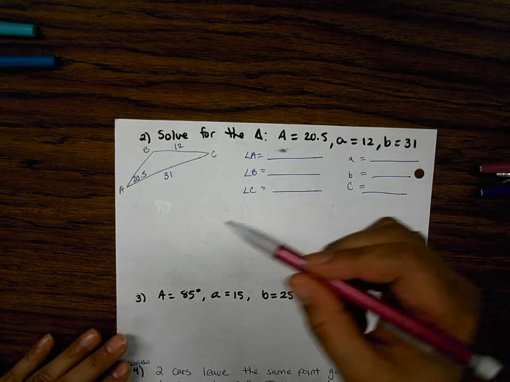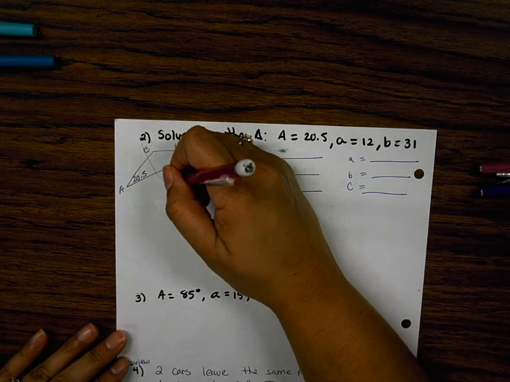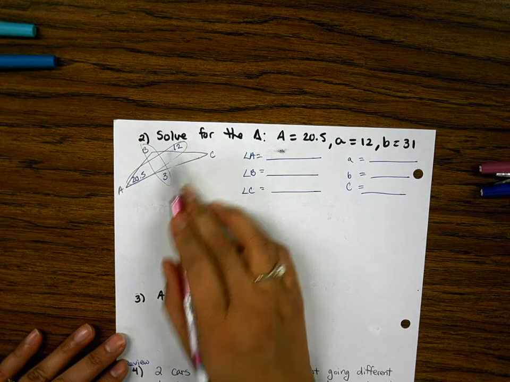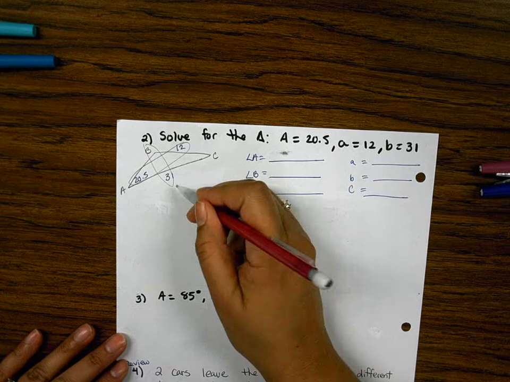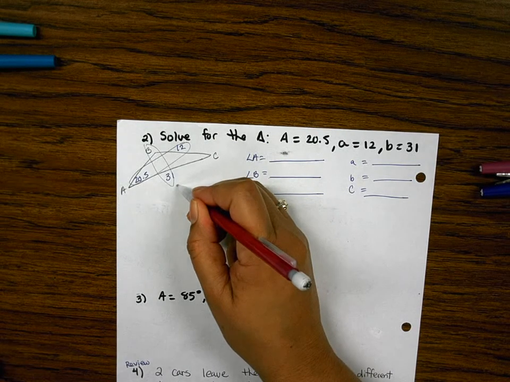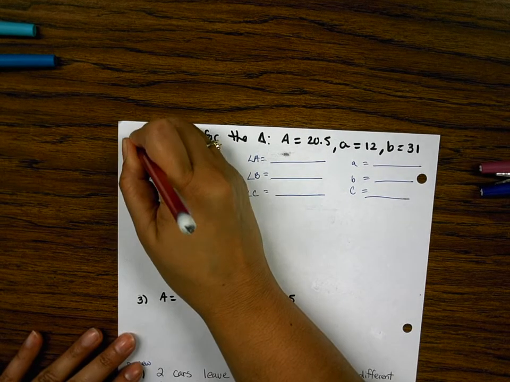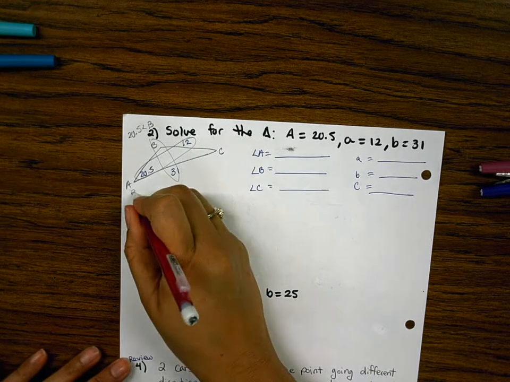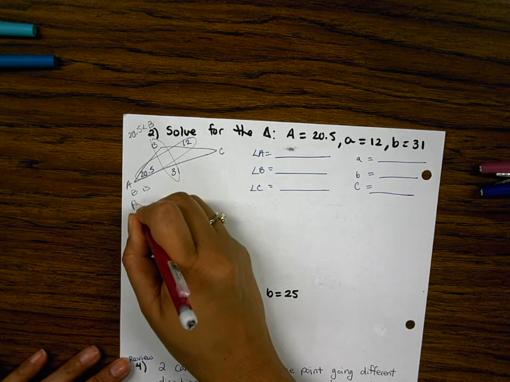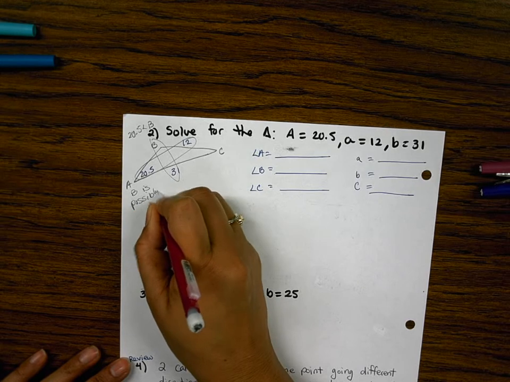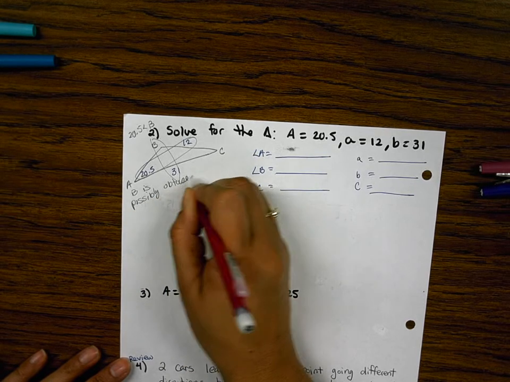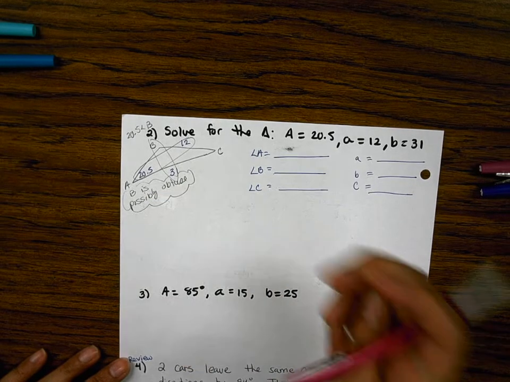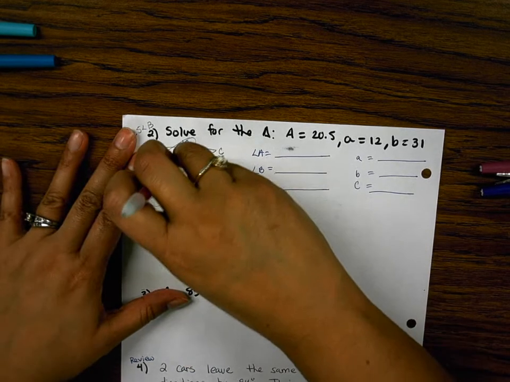Okay. Here I have 31 matching with B and 12 matching with 20.5. And since 12 is smaller than 31, that means 20.5 is smaller than angle B, which means B is possibly obtuse. B is possibly obtuse, which means we have a special situation here.